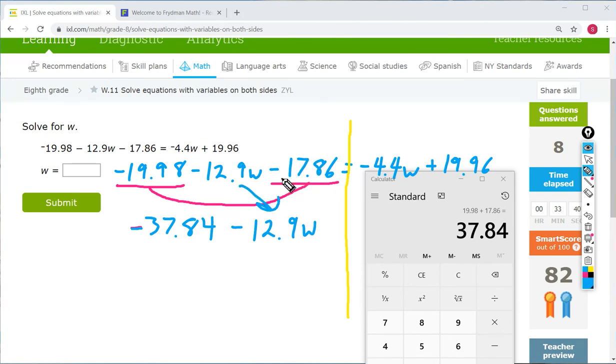Now, it is actually okay to do it the other way also. If you want to put the 12.9 W in front of the negative 37.84, you could do that also. Either way would be correct. As long as you make sure that there is a negative or minus in front of this term, and there's also a negative or minus in front of this term, then the order that you arrange them in will not matter.